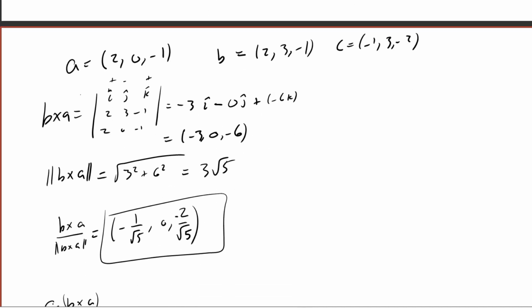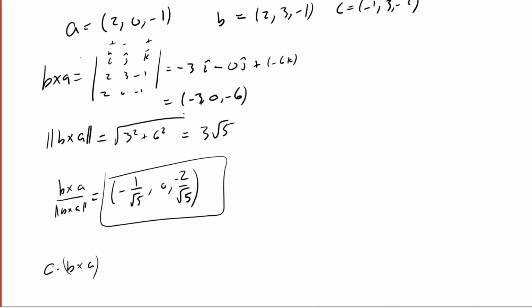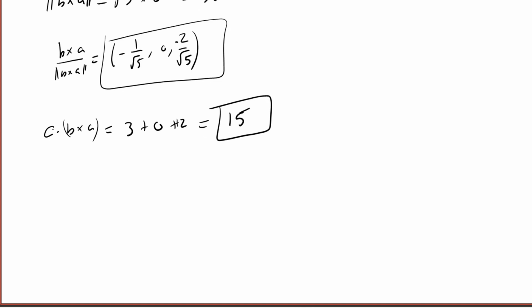So now I just do the dot product of B cross A with C. I have minus 3 times minus 1, that's 3, plus 0, minus 6 times minus 2, that's plus 12. So this is 15. All right, and that concludes problem 1.